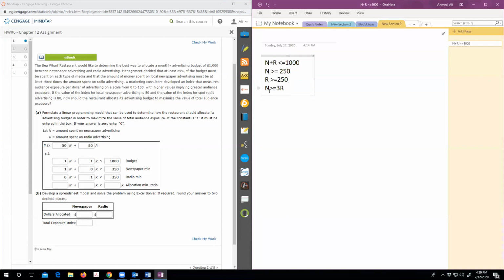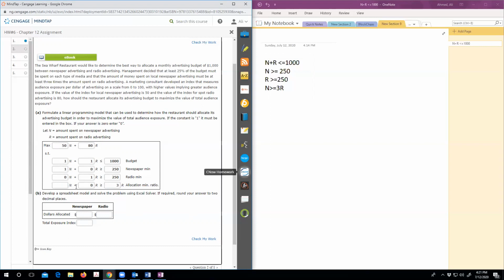But we cannot use the minimum, because if N is above 250, for example 300, we have to have 900. So we have to keep this one as is, this one as 0, and this one as 3. This is what I'm thinking. So this one as 1 here.